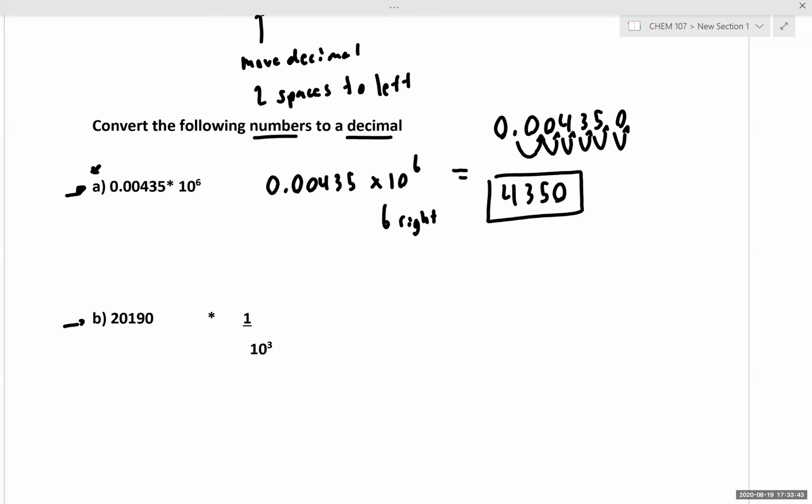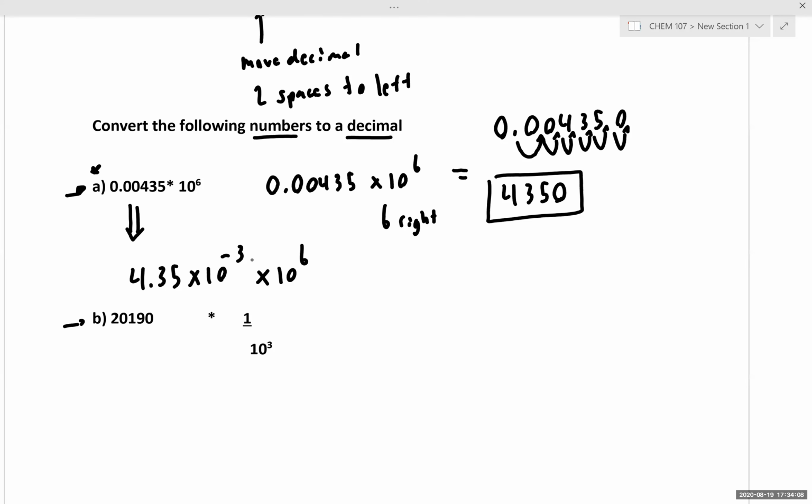The other method that you'll commonly see in your textbook is known as the power of 10 method or the addition method. So I'm going to rewrite this 0.00435 as 4.35 times 10 to the negative third. Now when we multiply it by 10 to the 6th, here's a really important trick.